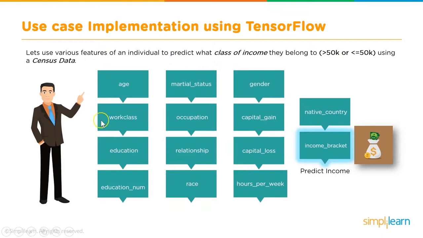So there are a bunch of features available, and we have to build a model for classifying whether the income of this person is above 50K or below 50K. Okay, so there is actually label data available. We will then try to build a model and then see what the accuracy is.